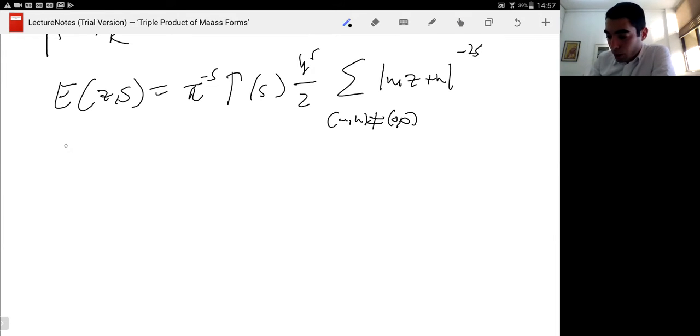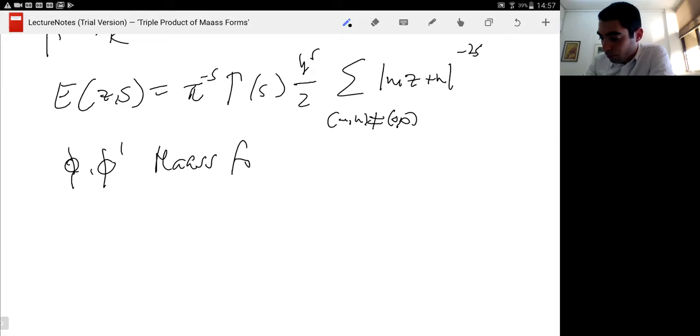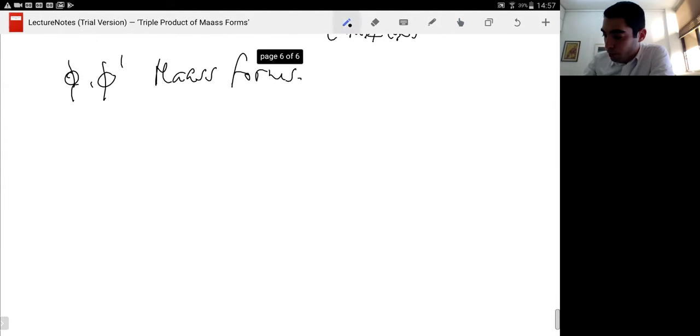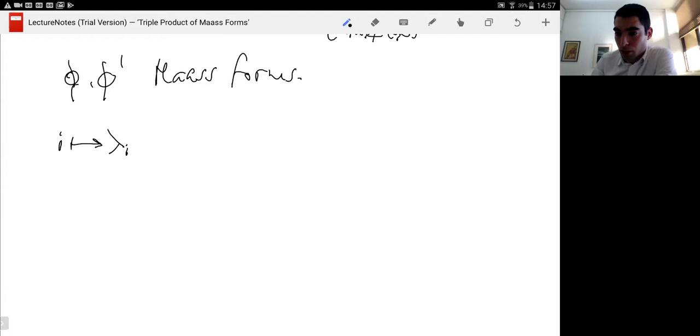So suppose we have fixed two Maass forms phi and phi prime, and we consider the assignment i goes to lambda i. Recall that the eigenvalues are ordered.